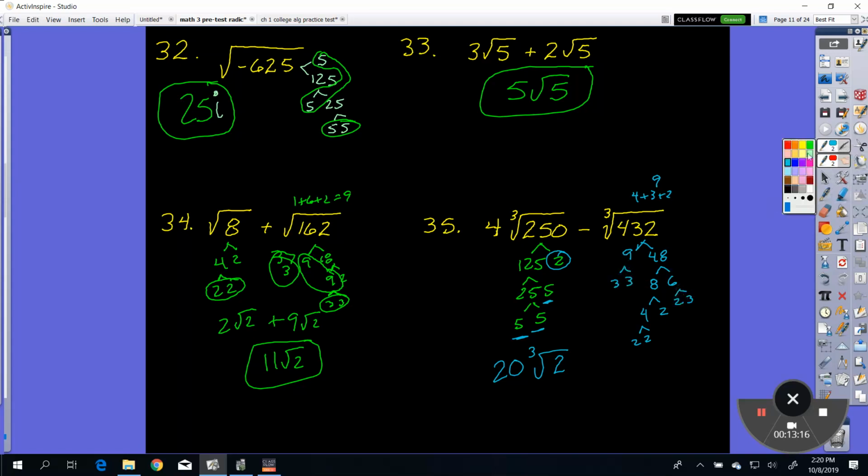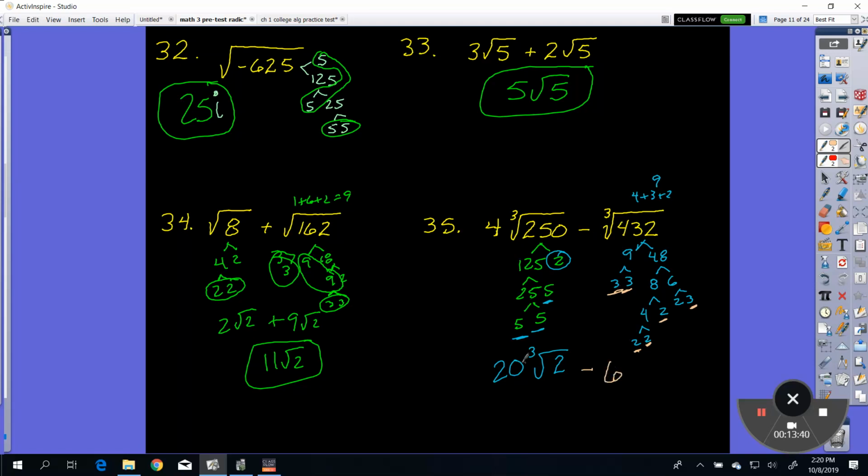So I'm looking for groups of 3. So there's 1, 2, 3 3s. And then there's 1, 2, 3 2s. So there's 3 3s and 3 2s. And so when they come out, they multiply each other. So 3 times 2 is 6. If there's a number in front, they also multiply that number in front.